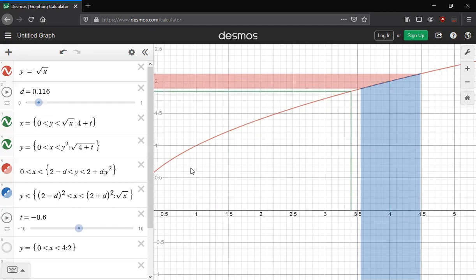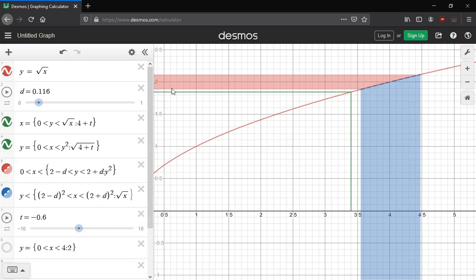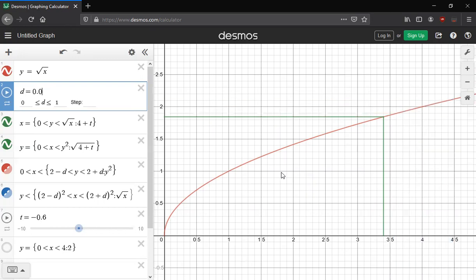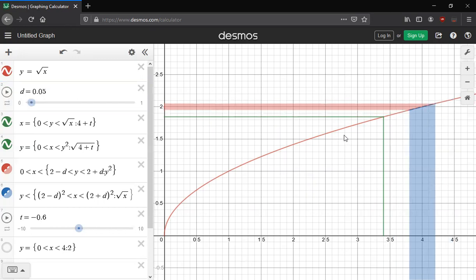So again, the idea of limits is asking, can we guarantee that we will always be within, say, 0.05 of the correct y coordinate? Well, there is my window for distance equals 0.05, or epsilon equals 0.05.